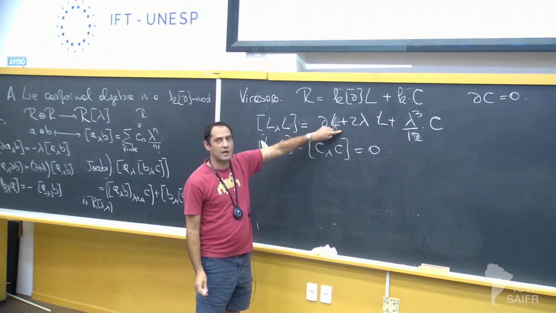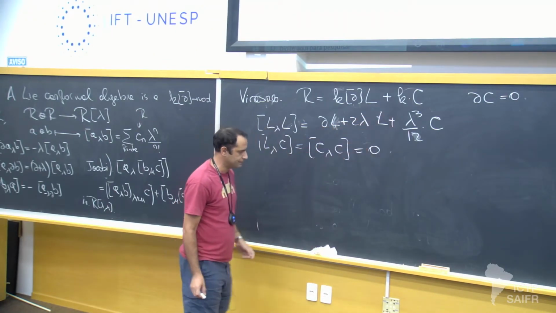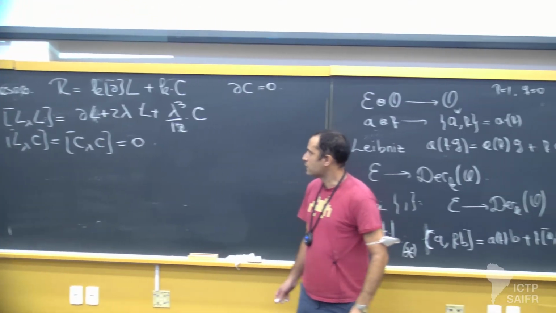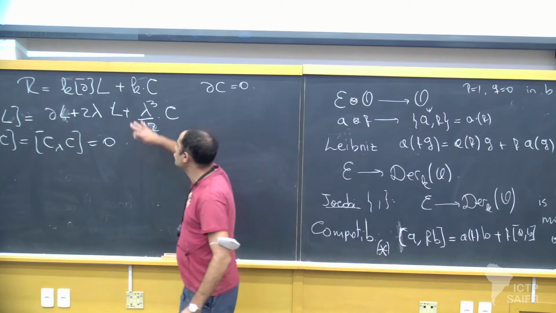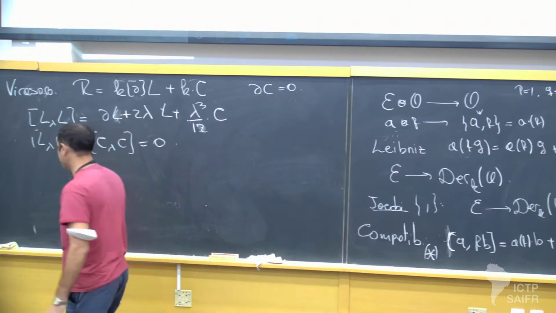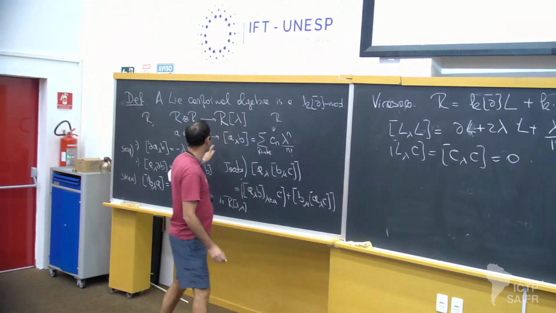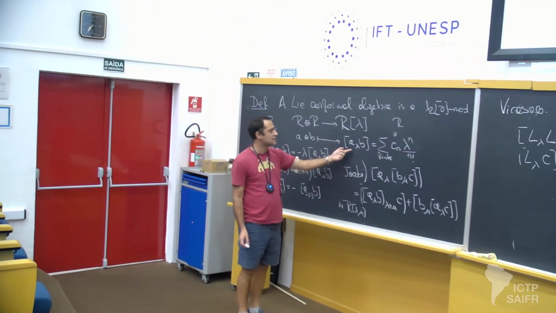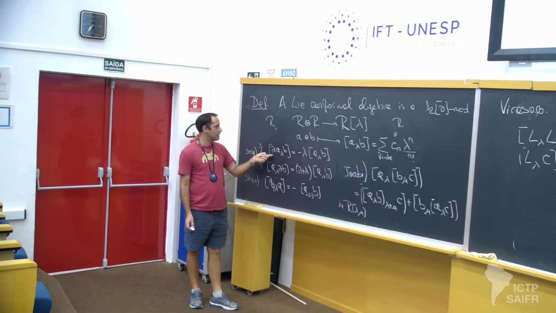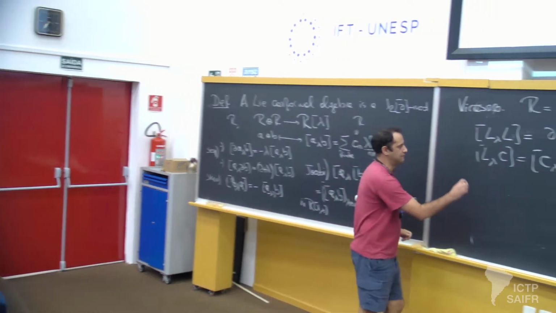And that Lie conformal algebra has a central extension, which is what I've written here. So this is essentially the unique, non-trivial rank 1 Lie conformal algebra. Of course, I haven't given you the brackets for arbitrary elements, but they can be obtained by sesquilinearity. They are polynomials in lambda, in del applied to L. Okay, so that's a Lie conformal algebra.